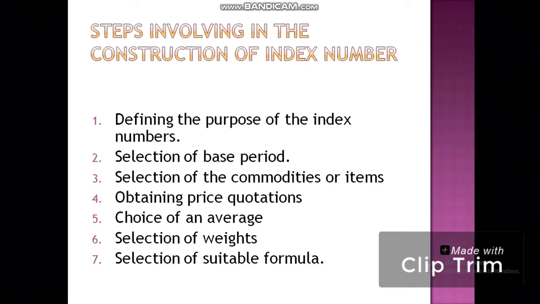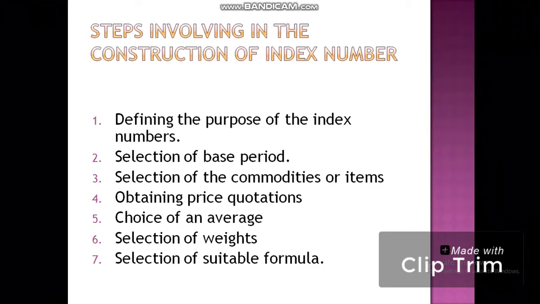Since an index number is a ratio, geometric mean is the best average when it comes to accuracy and precision. But suppose you want the index number calculations to be simple, then we can use arithmetic mean, as the calculation of arithmetic mean is simpler than the geometric mean.